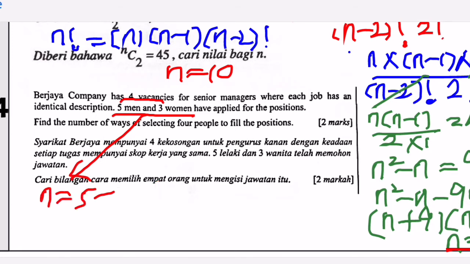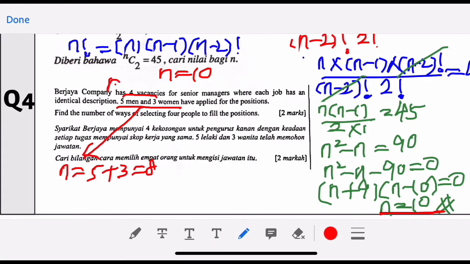We have to use combination because it's choosing a group of people. Normally when we choose, the arrangement of the position is not important. So you identify n first, which is 8, and r is 4. The answer will be 8C4, which is 70.